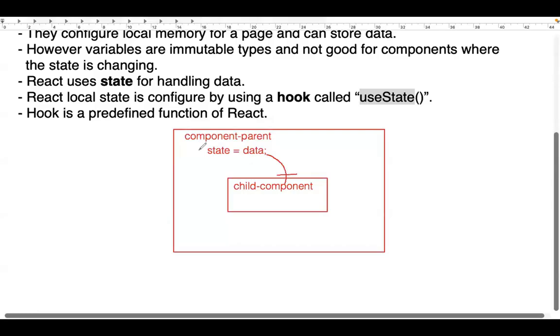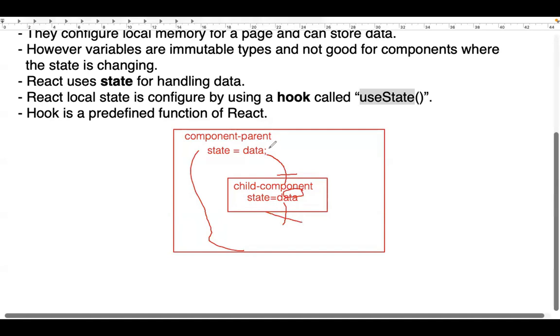It is available only in the component where you define it. For example, the child component can have its own state. In this, you can put the data and it is available only for that component. This state cannot be accessed outside.